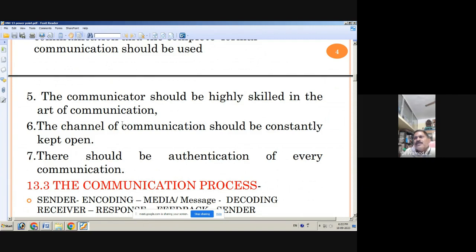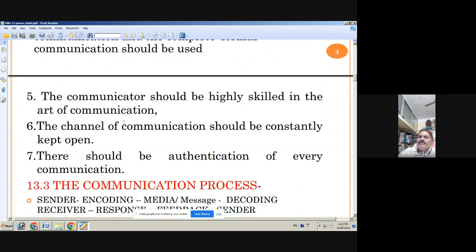The channel of communication should be constantly kept open also. And the information you are sending should be authentic information. No false and fabricated message should be sent.